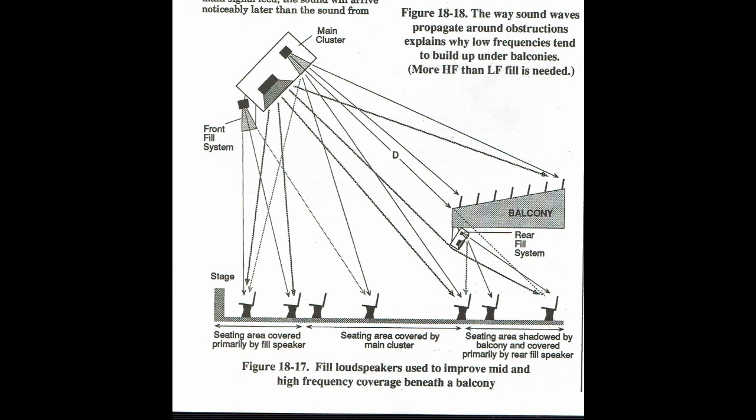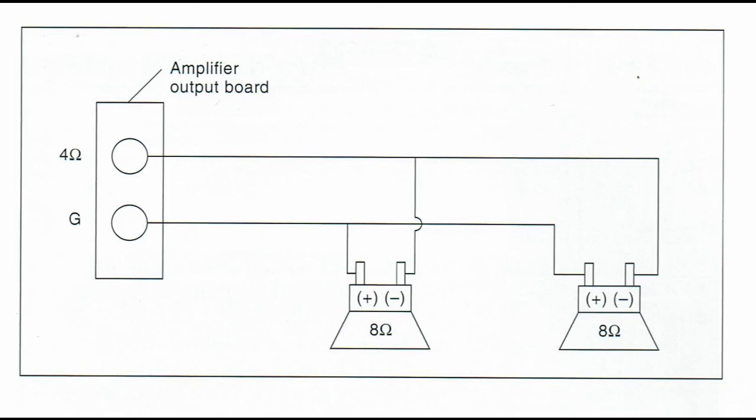We'll quickly go through this as it's a lot of the more boring stuff, but to ensure the best quality sound from the system, the speaker system impedance, normally 4, 8, or 16 ohms, must match the output impedance of that amplifier.